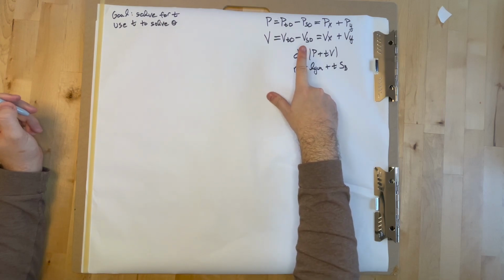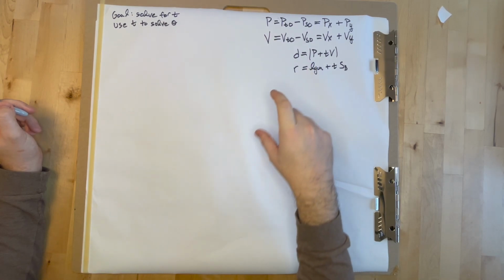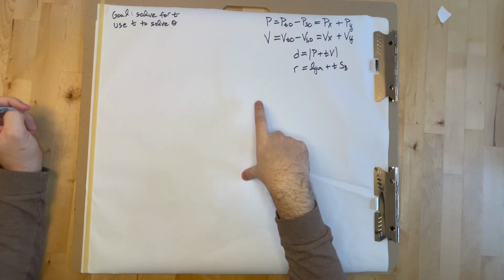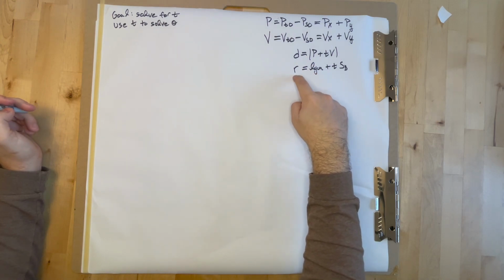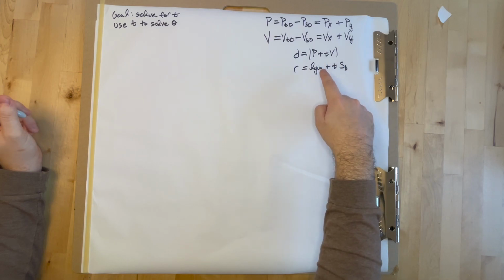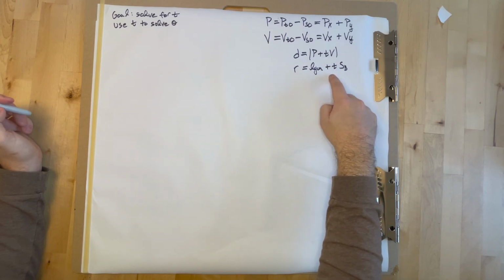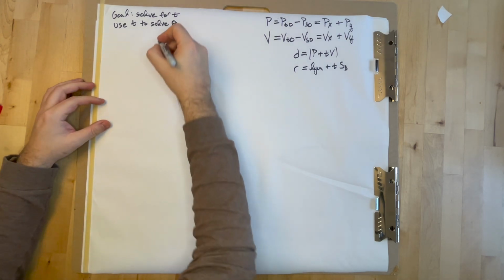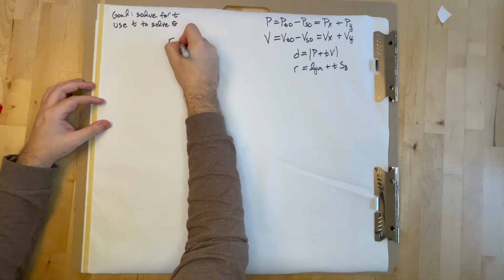Then we have d. This is the distance between the target and the satellite at time t. And then we have r, which is the radius the bullet will be from the satellite at time t after it is fired. So what we need to do is set r equal to d.